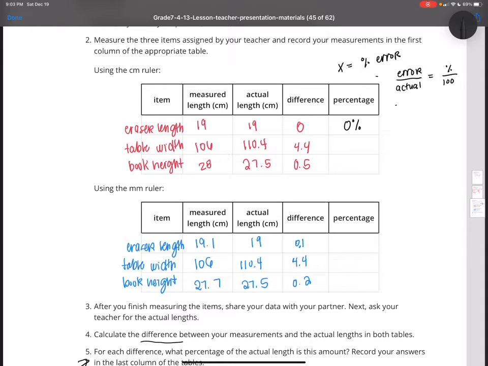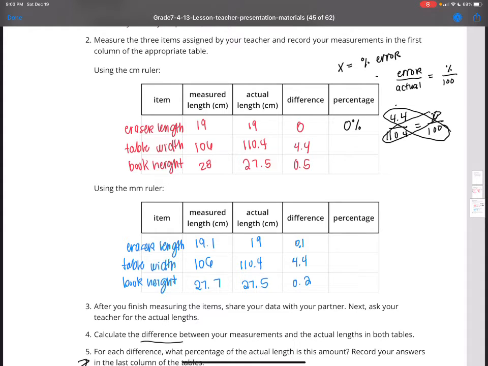So it's going to be 4.4, or 4 4/10, over 110.4 is equal to, we don't know the percentage yet, so x over 100. Okay, so I am using a calculator, guys, but I'm still going to talk you through the steps. I'm going to cross multiply.